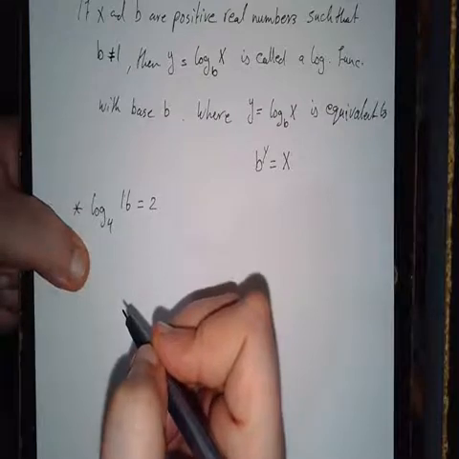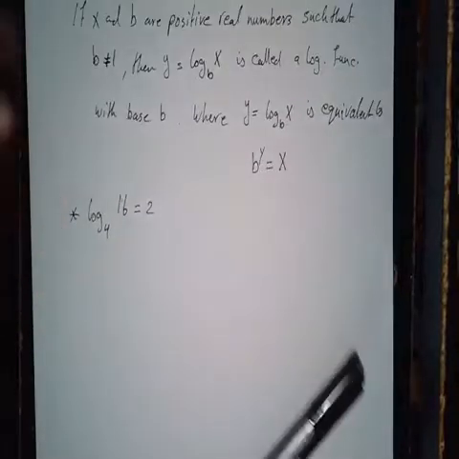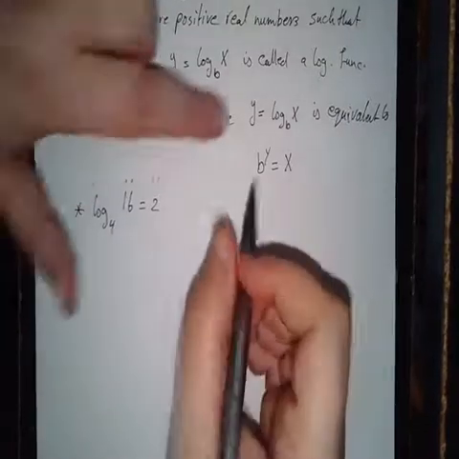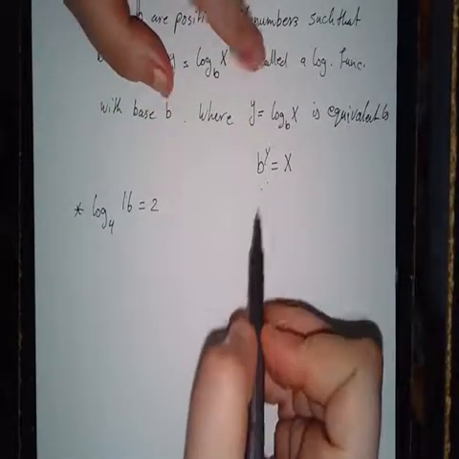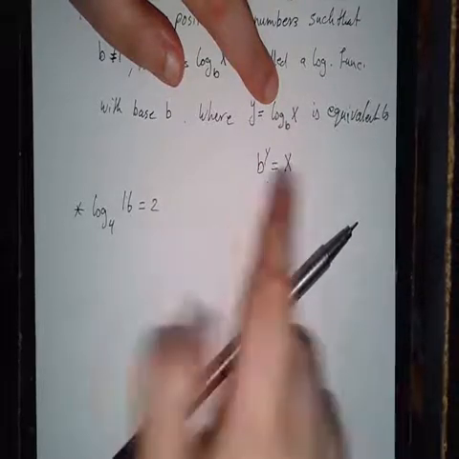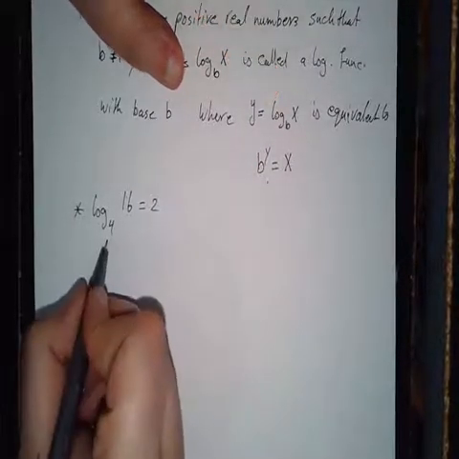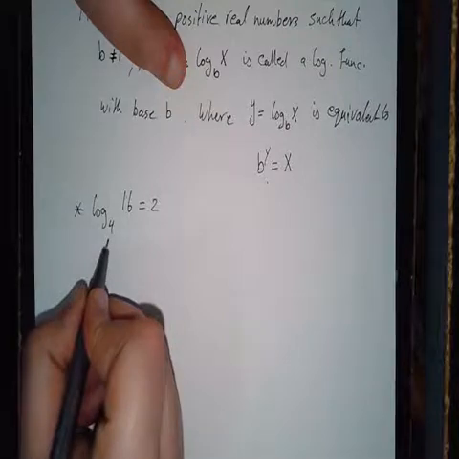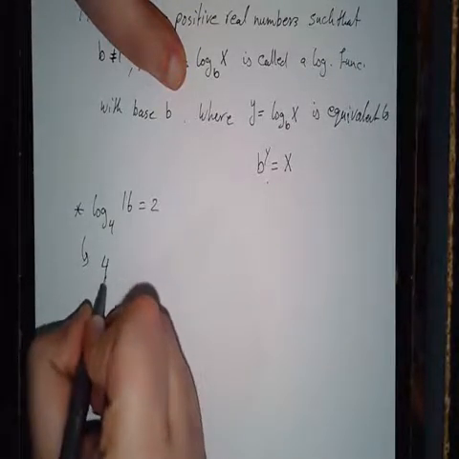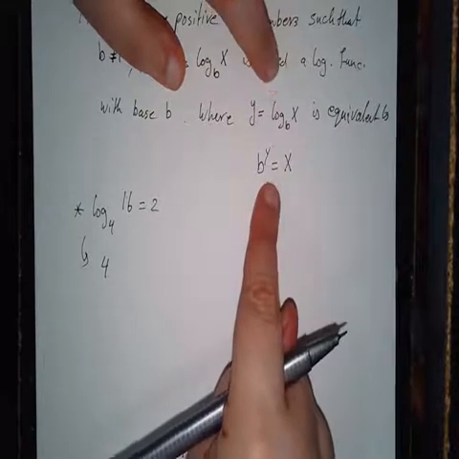Now I want to write this in exponential form. Okay? Now, notice the difference between these two. The base of the log is the base of exponential form. The base of my log over here is what? 4, right? So when I convert to exponential form, it's going to be over here.